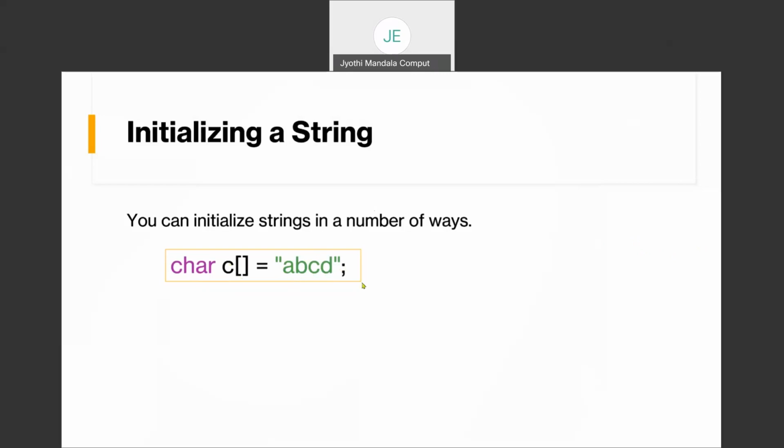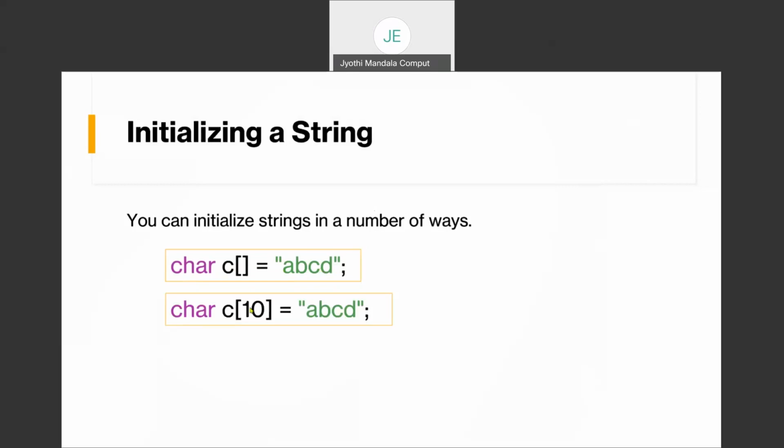So this is the first way of initializing the string, where you have combined the declaration and initialization and you have not mentioned the size. Even if you don't mention the size, it is okay. Depending upon the number of characters, that many memory locations will be allocated, and plus 1 will also be allocated to store \0. The second way is mentioning the size.